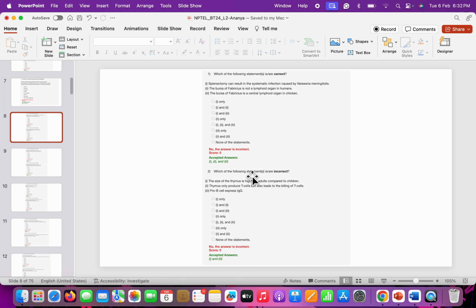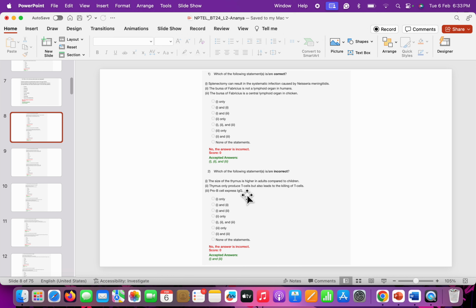Which one of the following statements are incorrect? The size of the thymus is higher in adults, which is incorrect. The size of the thymus is higher in infants. Thymus only produces T cells but also leads to killing of T cells. No, this is also incorrect.